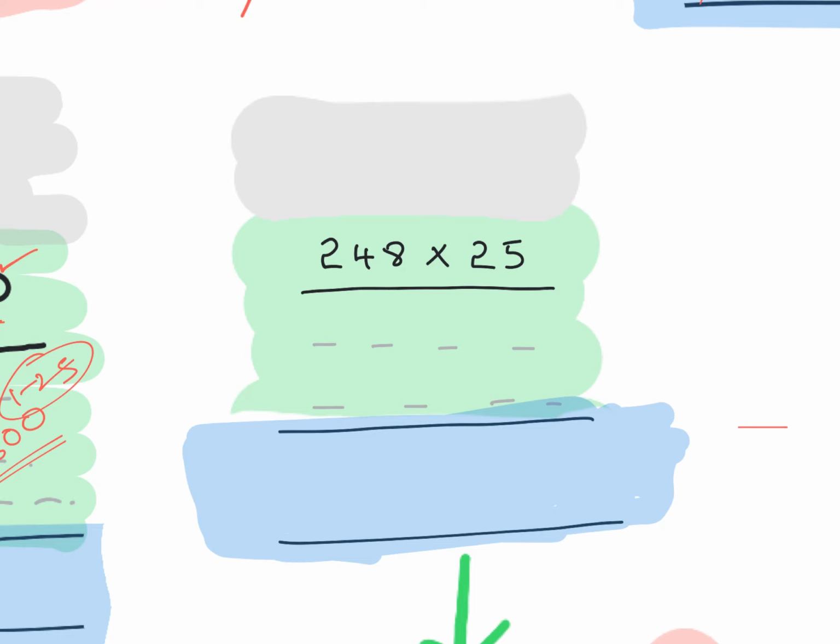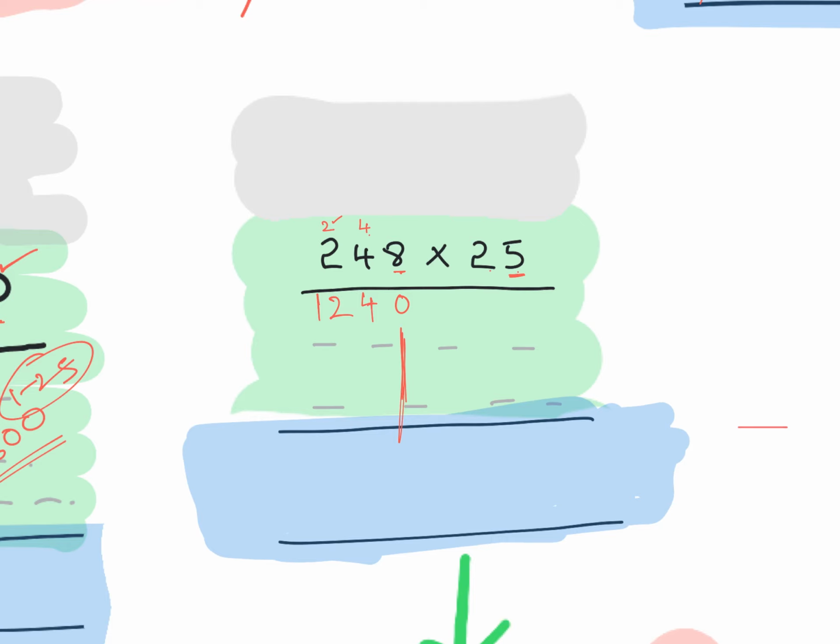Now the question on the screen is 248 times 25. Let us first solve this in the classic way, that is 5 multiplied by 8. So 8 5s or 5 8s are 40, 4 being carried up. 5 4s are 20 plus 4, 24, and then 5 2s are 10 plus 2, 12. Now we need to leave the gap.